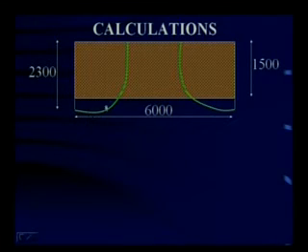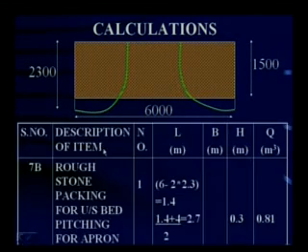We have assumed a quarter cone. This area is that which is occupied by the cone. Now we calculate this middle area, which is left out after laying the side slopes, as the area for rough stone packing on the upstream side. 1.4 is the length on this side, and 4 meters is the length on this side.